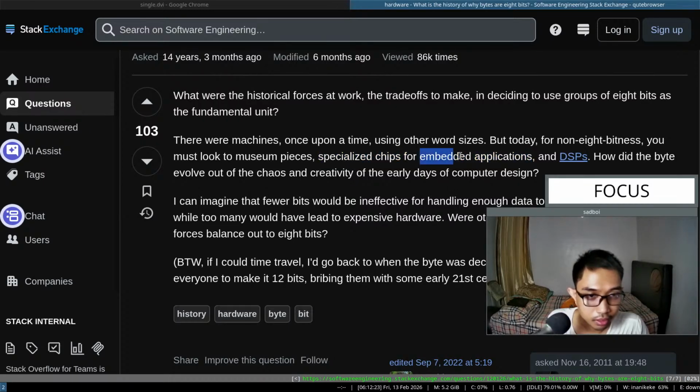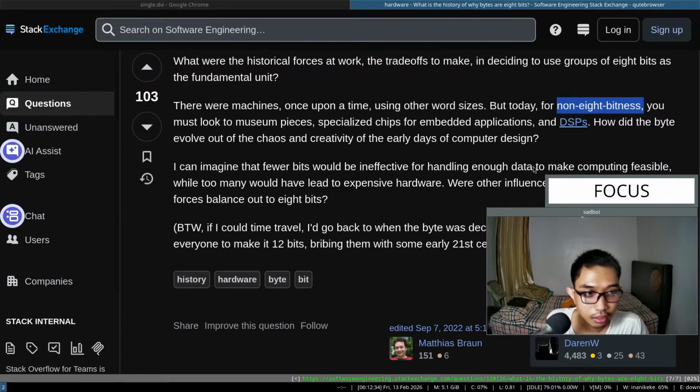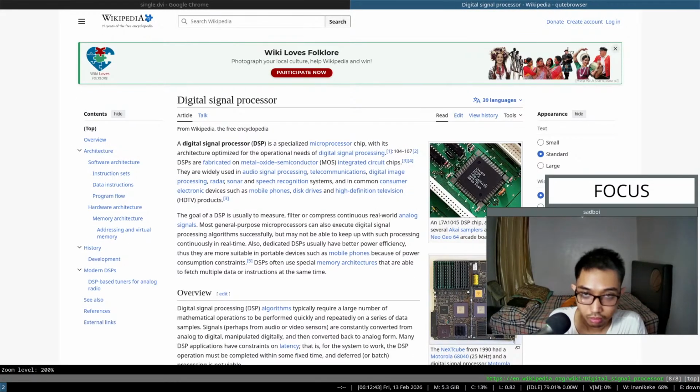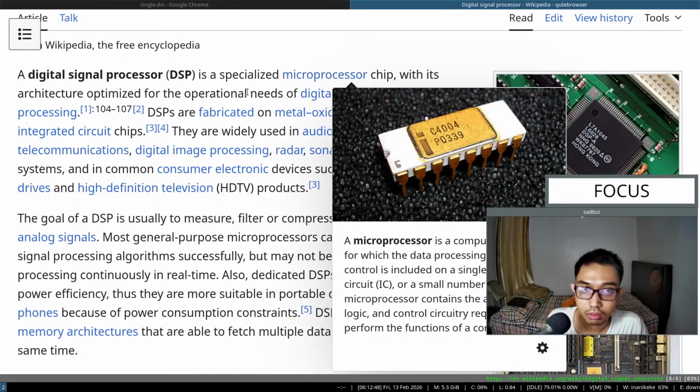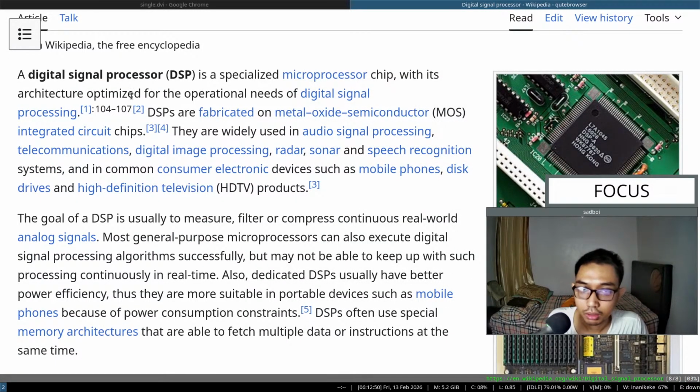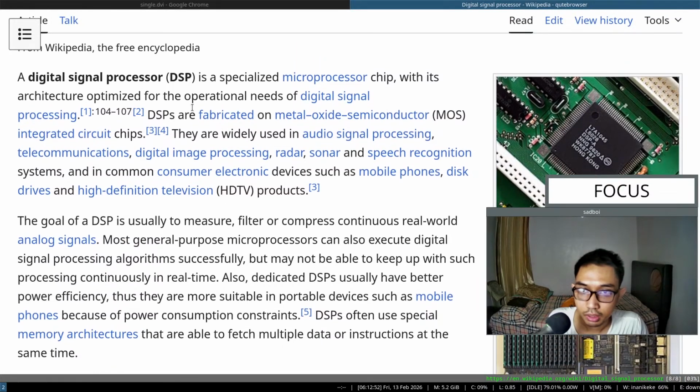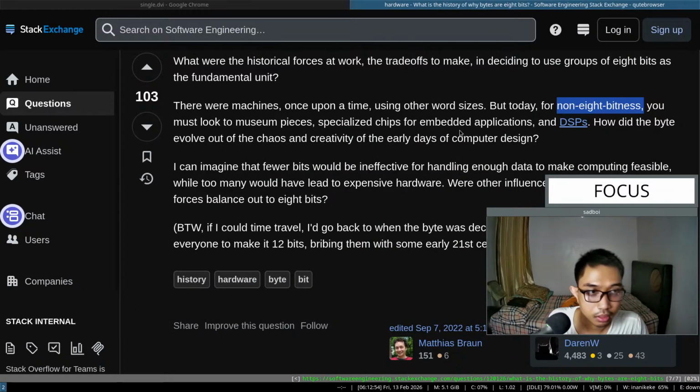Usually in embedded systems, 1 byte might not be 8 bits. And DSP, oh, digital signal processor, okay. DSP also, the microprocessor, oh, okay, yeah. Anything specialized or embedded, maybe.